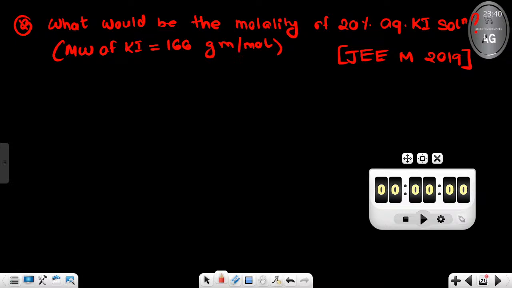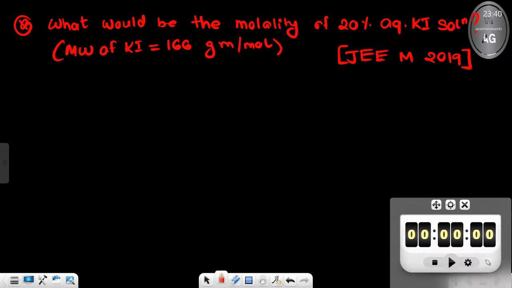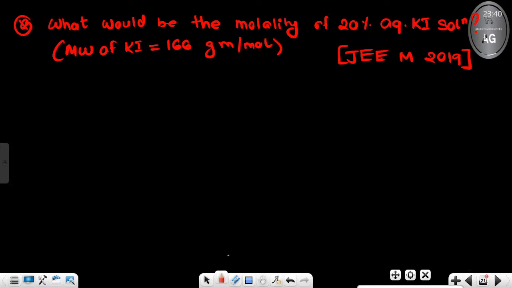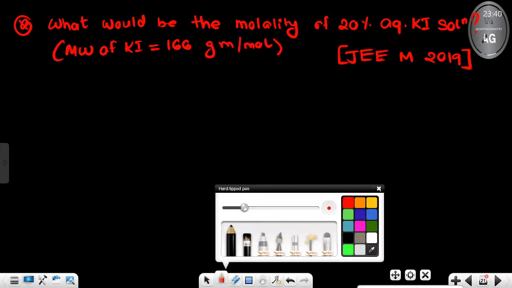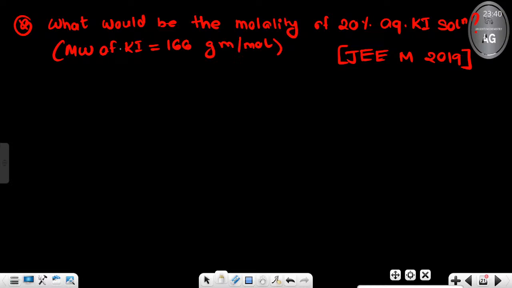Okay, so time is up. Let us discuss the question. Let us read the question first. What would be the molality of 20% aqueous KI solution?